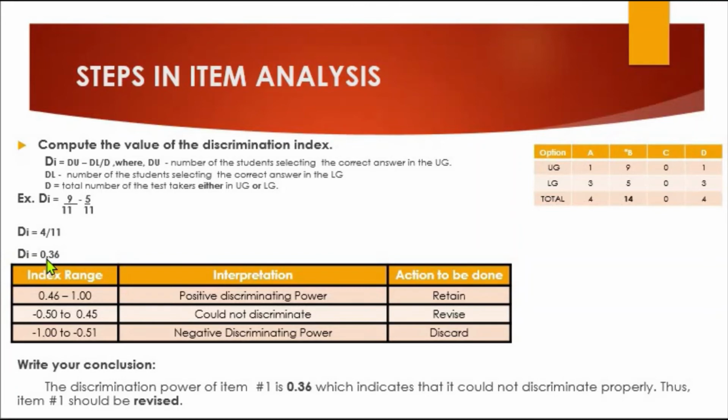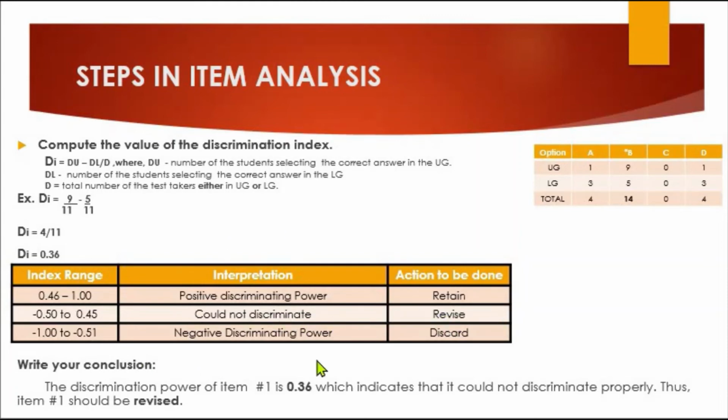Ngayong nakuha na natin yung discrimination index natin, all we need to do is to refer dito sa ating table kung saan makikita natin ang 0.36 ay in between po siya ng negative 0.50 hanggang 0.45. And meron po itong interpretation na could not discriminate and we need to revise.